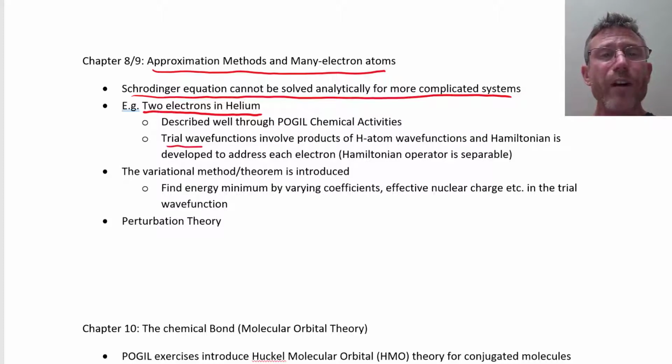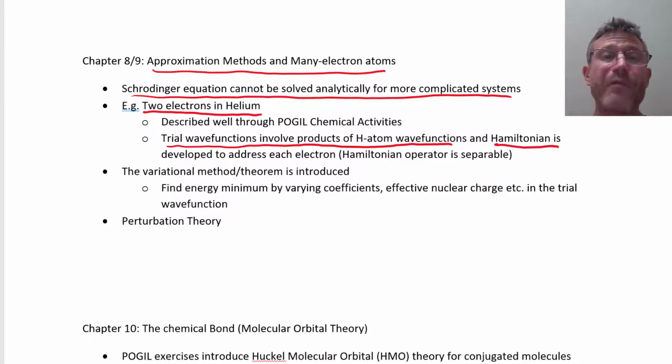We used trial wave functions that involved, for helium, a 1s orbital multiplied by another 1s orbital, and the Hamiltonian is now developed to address each electron separately.